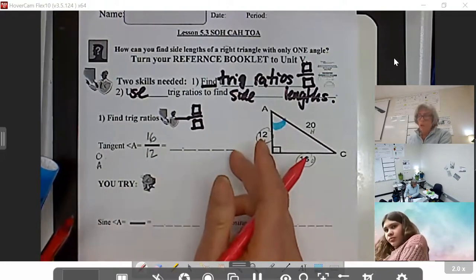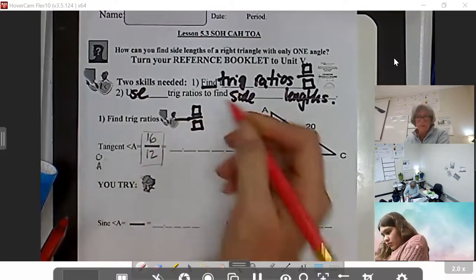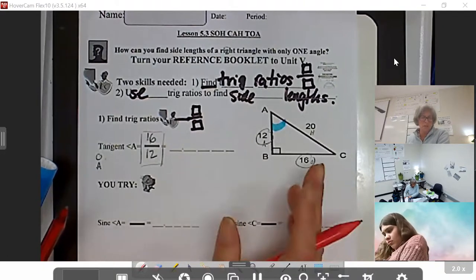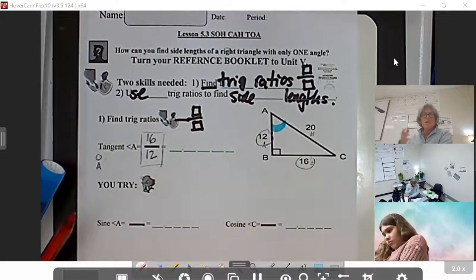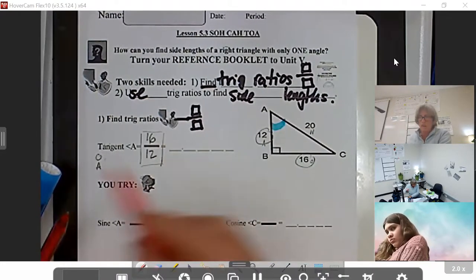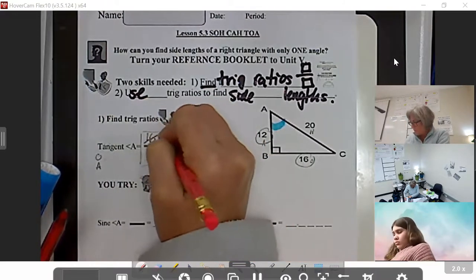When you do this on Alex, it literally wants you to stop right there and do nothing else. It just wants you to acknowledge, yes, I know the fraction for tangent. I'm going to take you 1 step farther because I want you to see the connection between this and your calculator. We're going to divide both by 4.